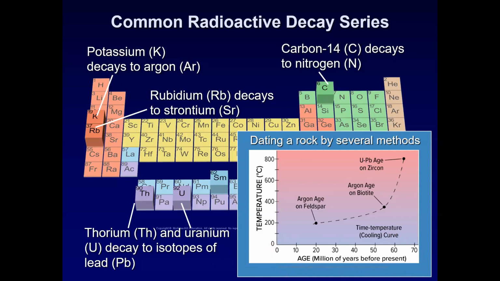And what we have is a time temperature cooling curve, and this is showing how essentially argon age relates to feldspar, the argon age relating to biotite, and the uranium lead age relating to zircon. So you can use several methods for different minerals within a given rock.